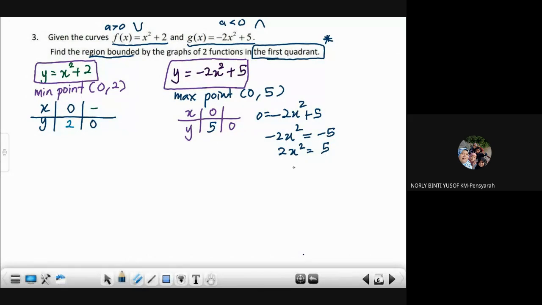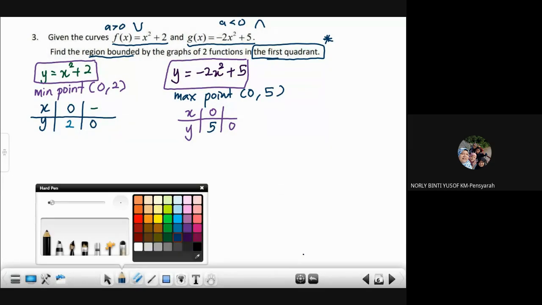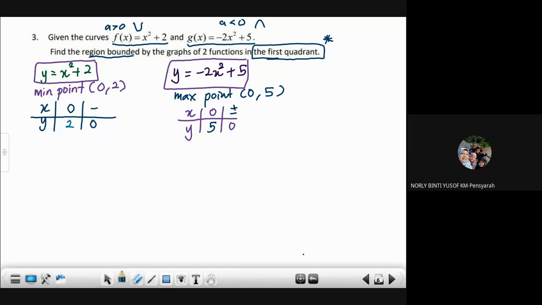So kat sini you ada value for you punya nilai roots lah. That means you akan dapat dekat sini 5/2. And then square root, that means plus minus square root 5 over 2. Itu kira sendiri. Ini mana conteng sajalah. So I didn't write the working there. So here you akan dapat plus minus square root 5 over 2 dalam decimal point lah.